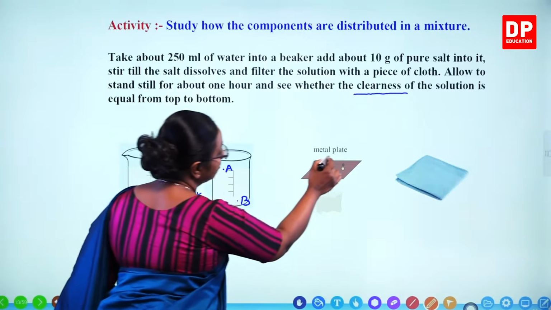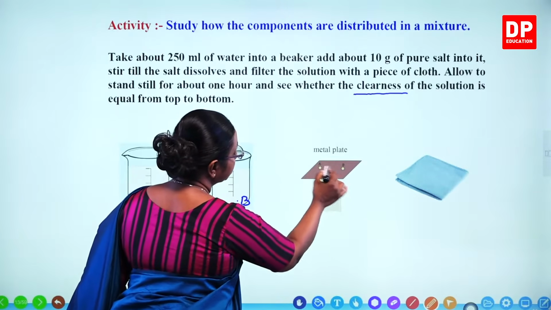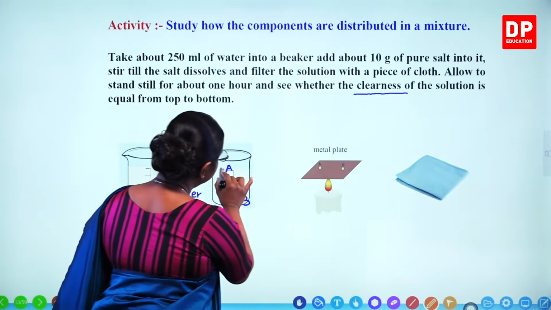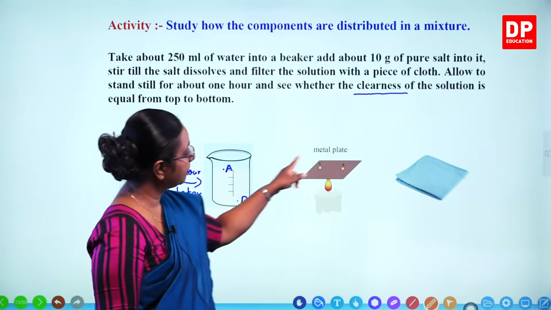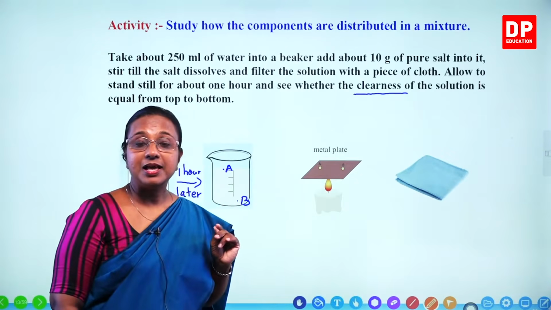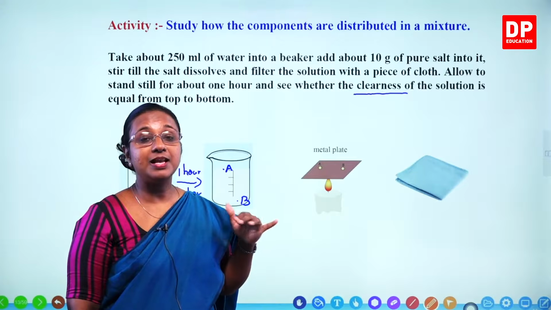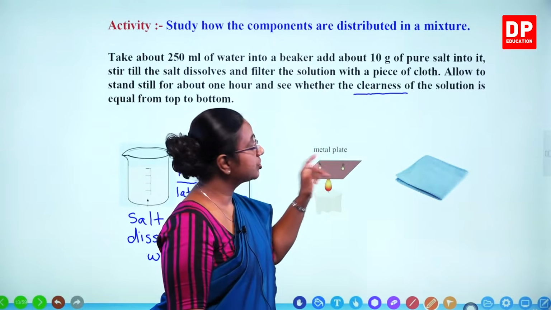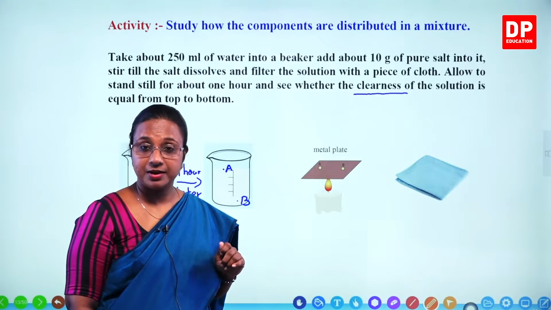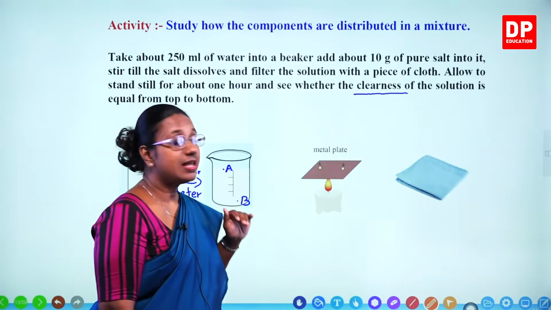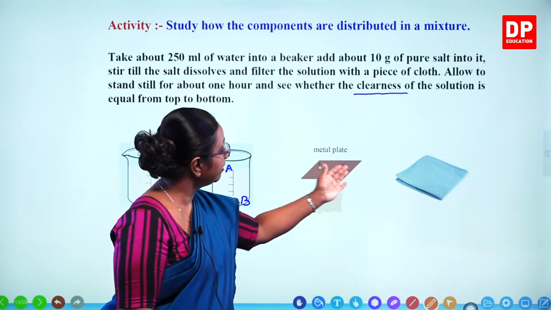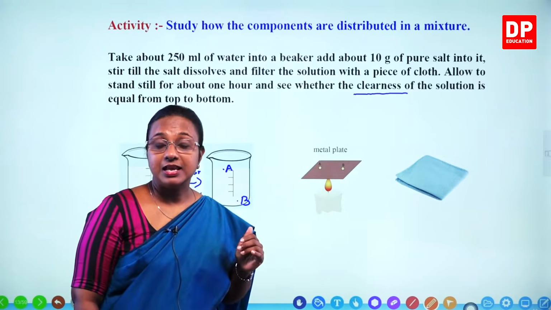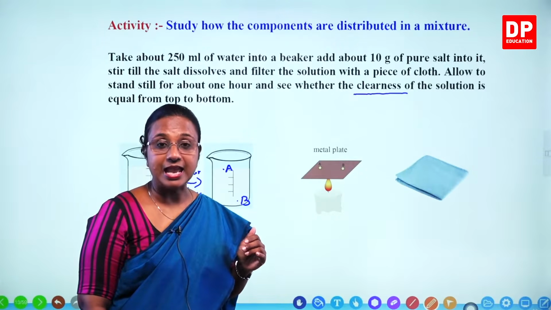So, then you transfer the 2 drops or few drops from each point A and B onto a metal plate, and the metal plate has to be a shiny metal plate, a lustrous one, and then you heat it so that the water evaporates off. And once that happens, you will get the residue remaining at the 2 points A and B.